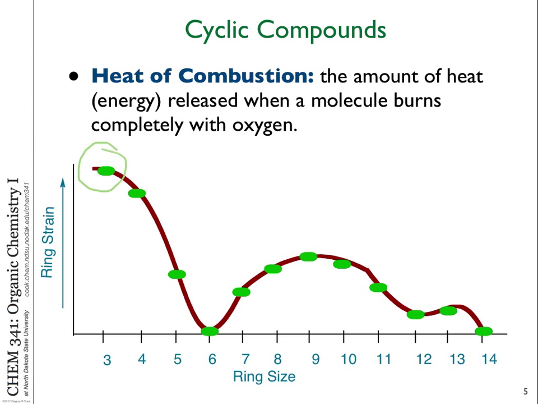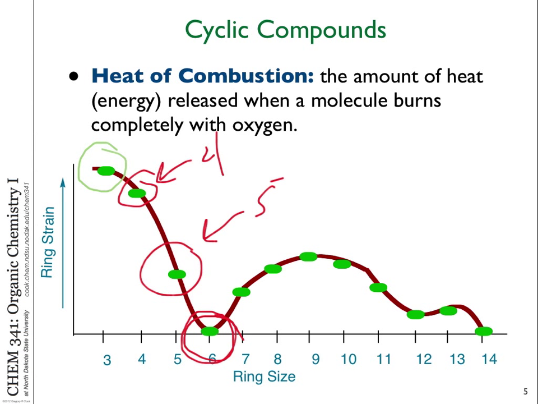Okay, and as you get larger and larger rings, this is a 4-membered ring, this is a 5-membered ring, that extra energy due to being in a ring gets smaller. And the lowest point on here actually is a 6-membered ring.